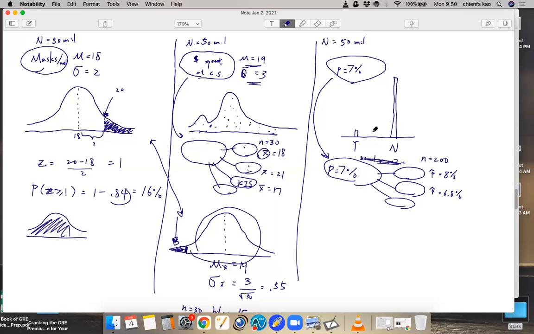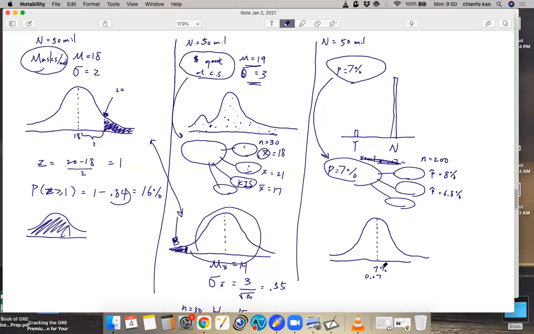Then now, this distribution will be transformed. We will force these little proportions into a sampling distribution of the sample proportion. Okay, so this average will also be 7%, or 0.07, of course.